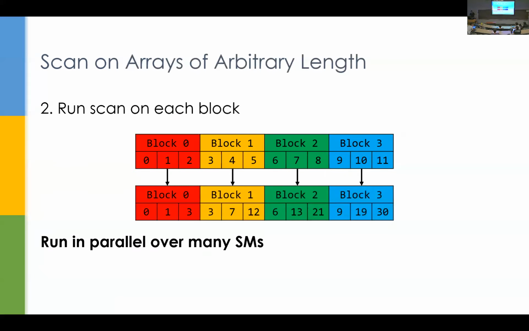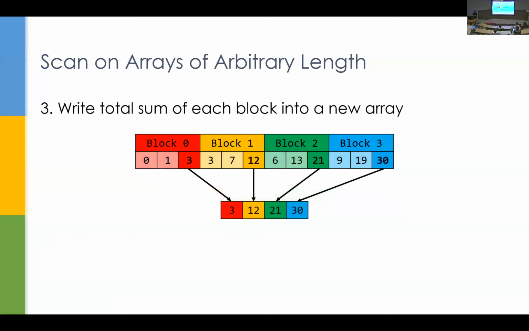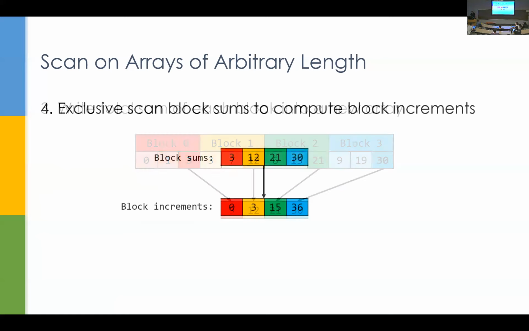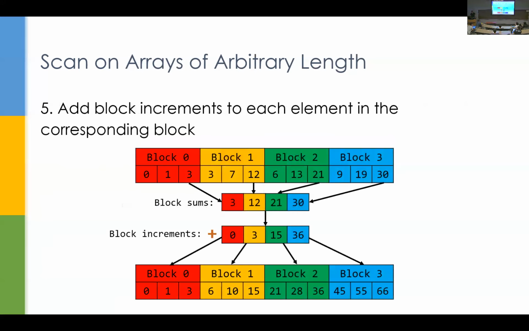What you're then going to do is take all the final elements of each array, because that gives you the offset, and you're going to put it into a new global memory array. Okay. Once you do the new global memory array, do an exclusive scan on it, because that will give you the total offset across all the blocks, and then you add it up.